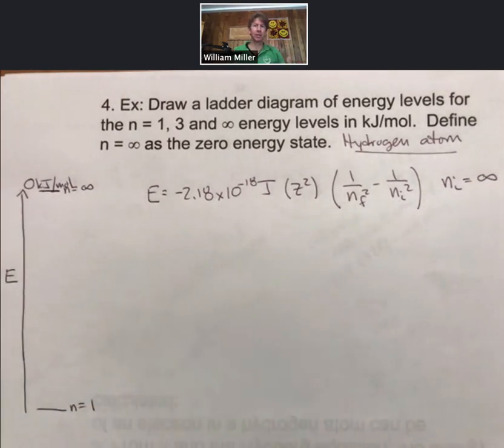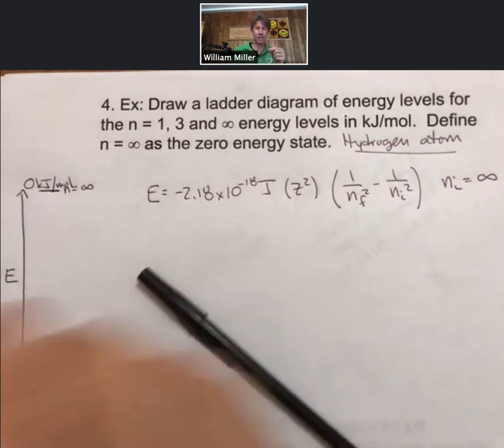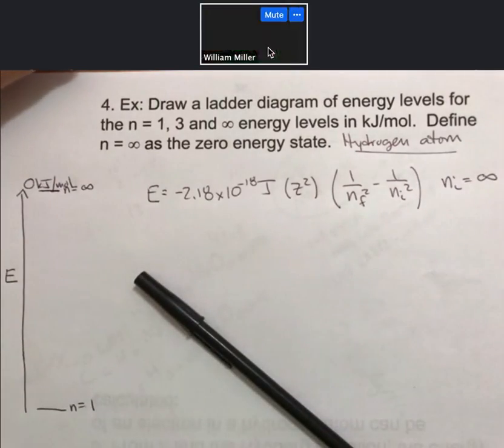And let's talk about that. When n equals infinity, if this is the nucleus of the atom, this is the tip of my finger, and the tip of the pen is the electron and its average distance from the nucleus, then n equals 1 is here. As we move farther away, we get to n equals 2, 3, 4, 5, and on up to 15.